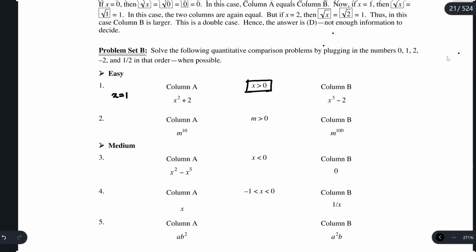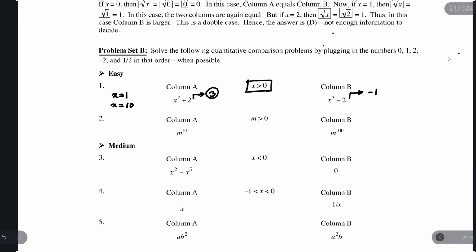When x equals 1, column A has a value of 1 squared plus 2, which is 3. Column B will have a value of 1 cubed, which is 1, minus 2, which is minus 1. So here we see that column A has higher value. But then next we try a larger value, like x equals 10.